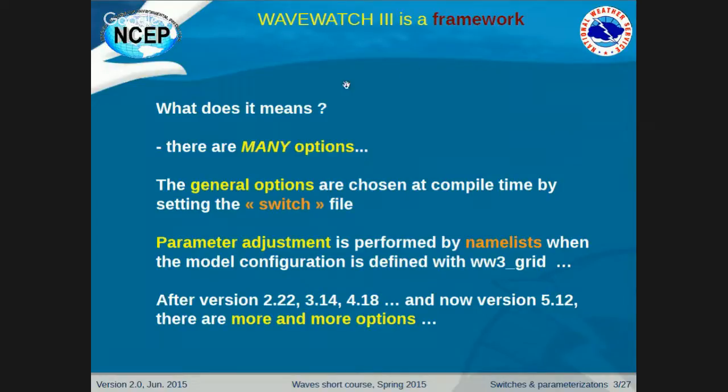And that's done through some name lists, which are defined basically when you run the model, when you define the model configuration, and that's done with a program which is called ww3_grid. And as time passes, since the version 2.22, 3.14, and so forth, now 5.12, there are more and more options, and so many more possibilities to do more crazy things.